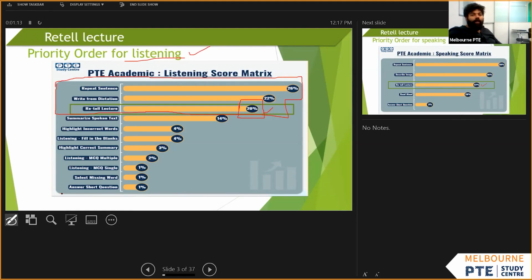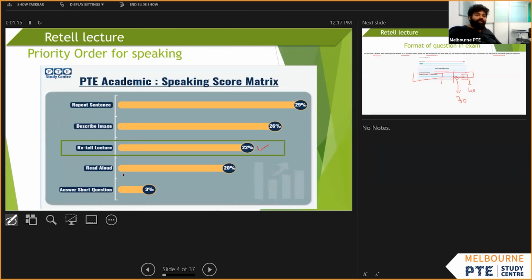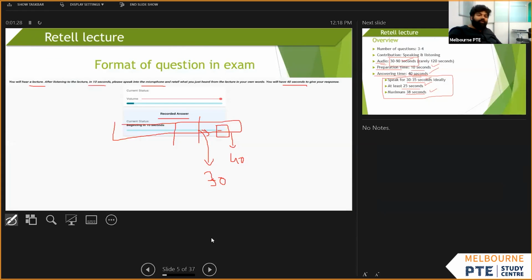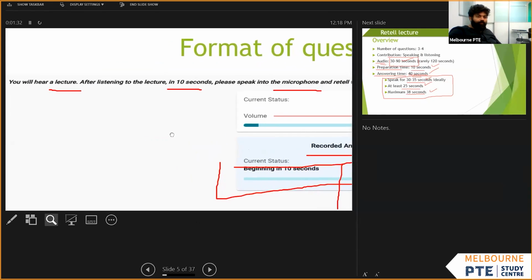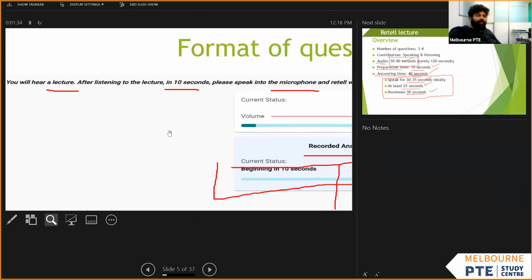And if I go toward its weightage for speaking, that would be more or less around 22%. All right. Now, let's see what this topic is all about. Have a look at this one. You guys first read the statement and then I will explain it.